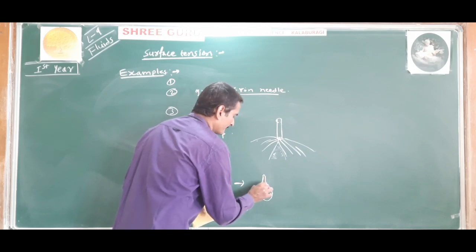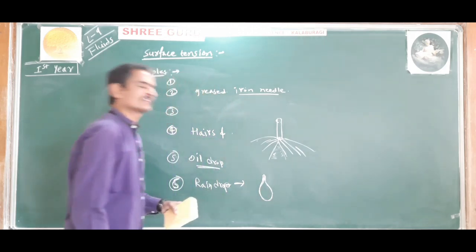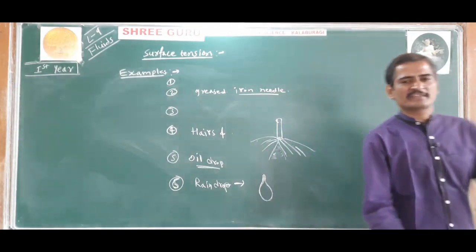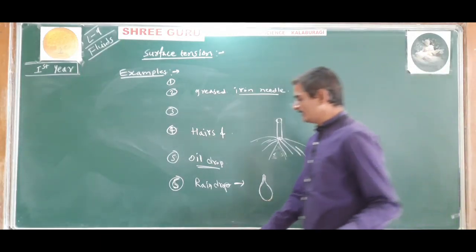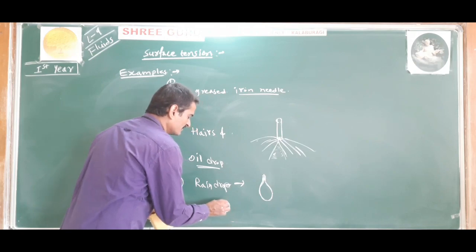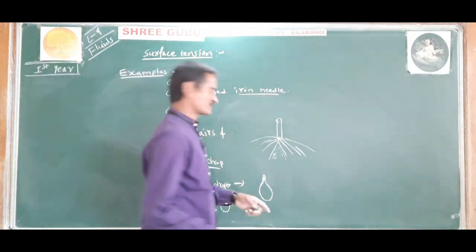It is a sphere, but a little bit not perfectly a sphere. So this is due to the gravitational force. If the gravitational force is neglected, if there is no gravitational force, then the raindrop would have been perfectly spherical in shape. Understood? So this is due to the surface tension.